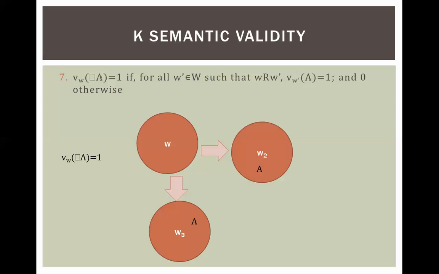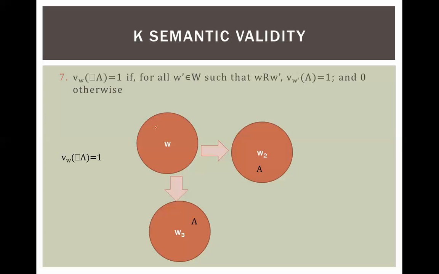Necessarily, let's go to the necessarily truth conditions. Necessarily A equals 1 if for all worlds that W relates to, A equals 1. Here we have the same setup as the initial one, except A is true in both of these worlds that W accesses, so necessarily A is true, right? When I look at all the worlds that W accesses, A is true in all those worlds, so necessarily A is true. Notice I don't have A in W, right?